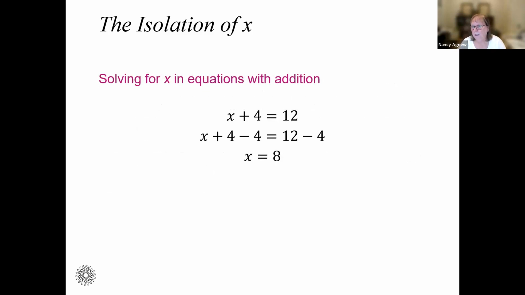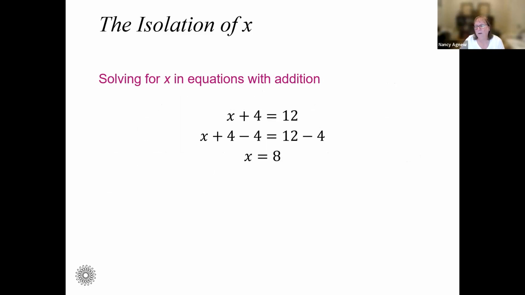So here's an equation where we're going to solve for x in an equation with addition. x plus 4 equals 12. The first thing we need to do is isolate x, so it's alone by itself on one side of that equal sign.